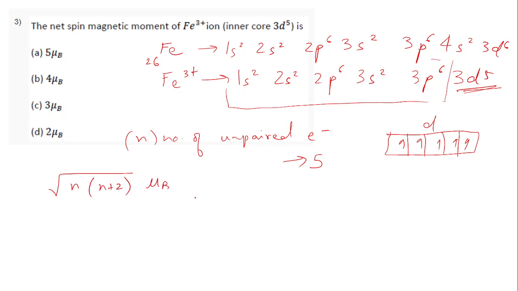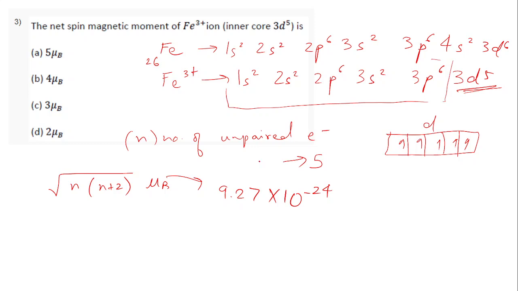The Bohr magneton is also explained in detail, with a small derivation, in the lecture. It is the magnetic moment of an electron, and its value is about 9.27 times 10 to the power minus 24. I'm forgetting the unit also, ampere meter squared.